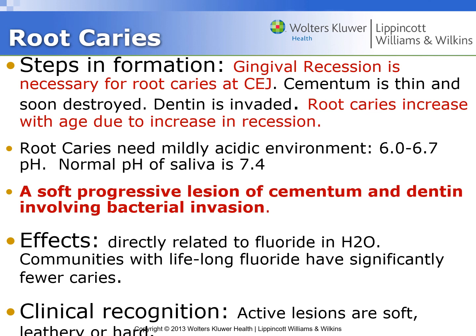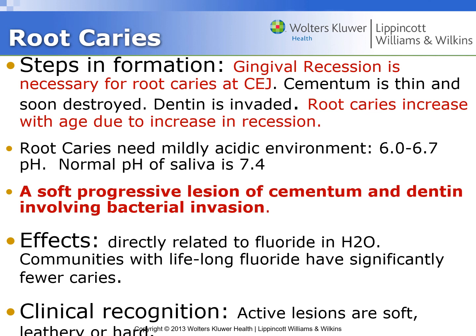It's a soft progressive lesion of cementum and dentin involving bacterial invasion. The effects: it's directly related to fluoride in the water. Communities with lifelong fluoride have significantly fewer root caries. Caries in general, but in particular root caries.